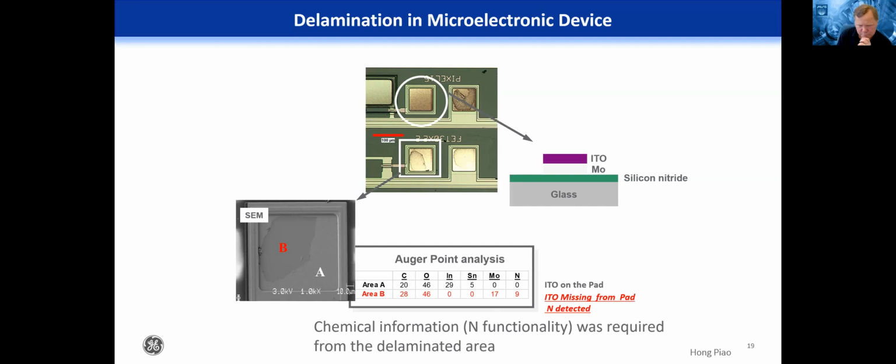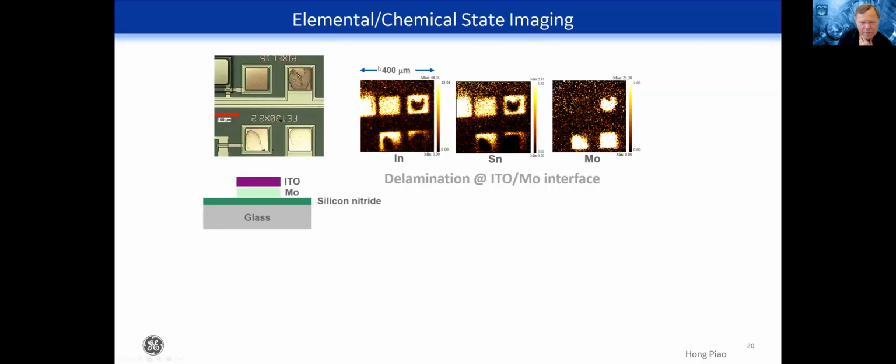The group that requested this analysis really wanted to know more about the nitrogen functionality. So the sample was transferred from Auger to XPS. By XPS, we were able to go in and map the distribution right away, from the three elements, maps from the indium tin oxide and the moly.